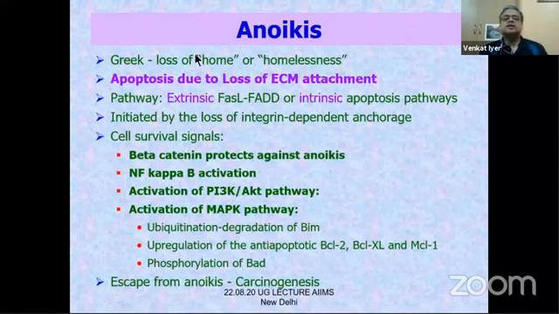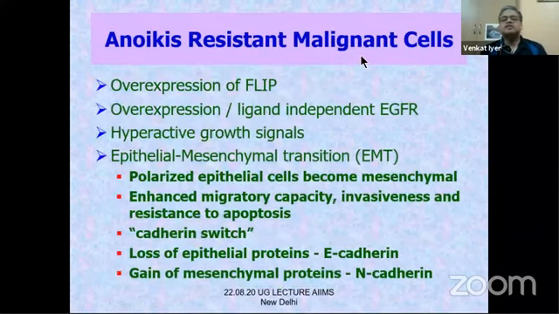So you get anoikis resistant malignant cells, which might be because there is FLIP overexpression or overexpression of EGFR, or there is a ligand independent EGFR which is constitutively active. So cell survival signals are constantly delivered. There could be hyperactive growth signals, and there is also this EMT, that is epithelial mesenchymal transition, which means that normal epithelial cells which are polarized become more like mesenchymal cells.